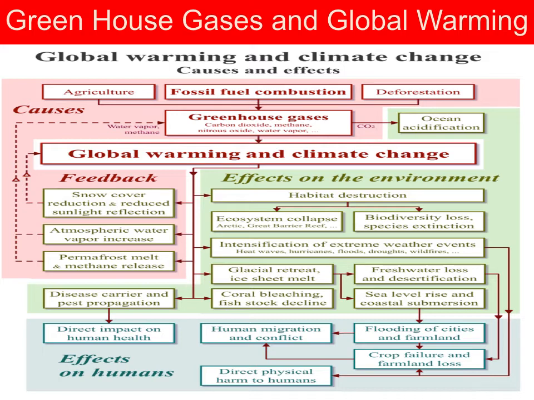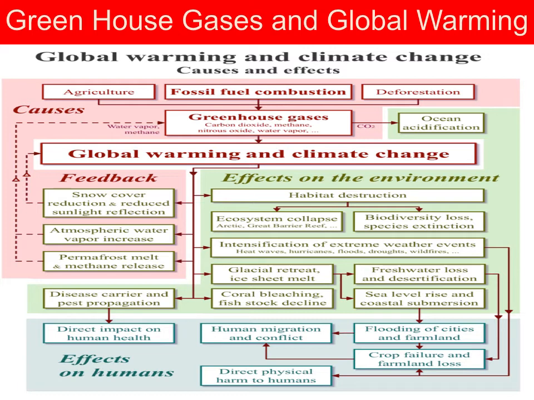Then global warming can also lead to habitat destruction, ecosystem collapse, biodiversity loss, intensification of extreme weather events, glacial retreat, freshwater loss, coral bleaching, sea level rise. And for human beings, it can cause flooding in the cities and farmlands, which can also lead to human migrations and conflicts, crop failures and farmland loss, and direct physical harm to human beings.